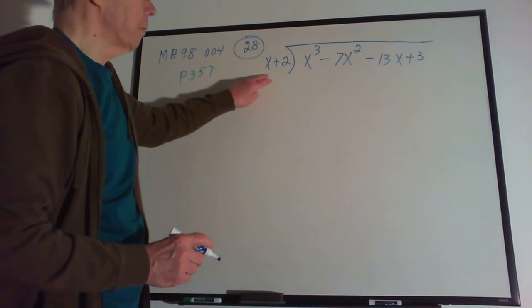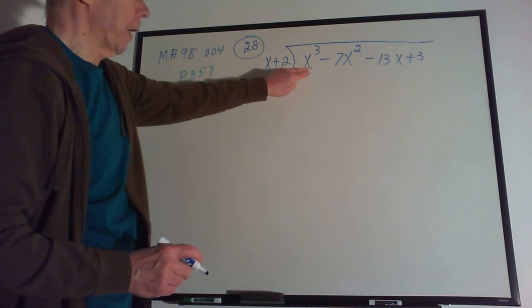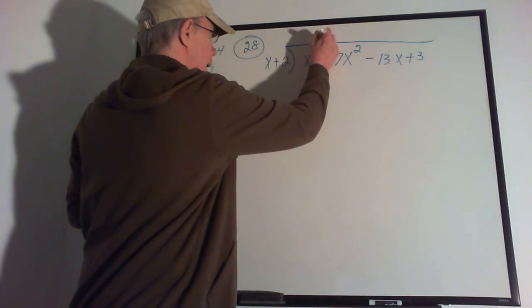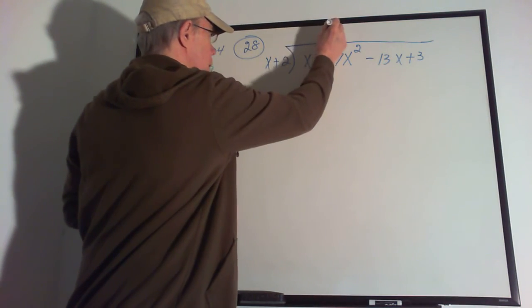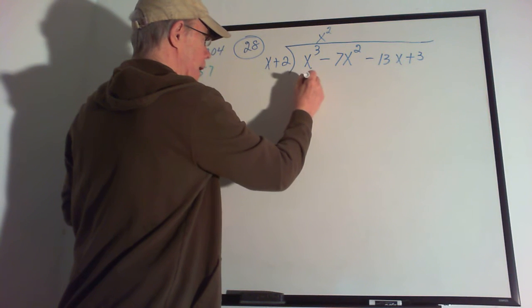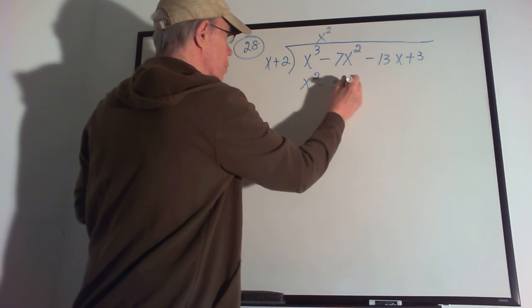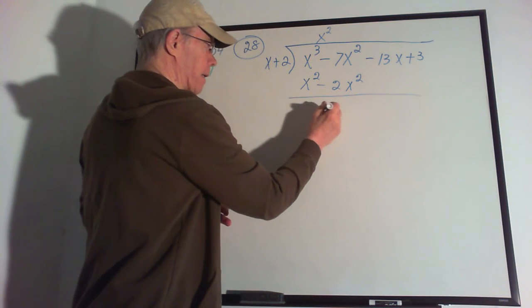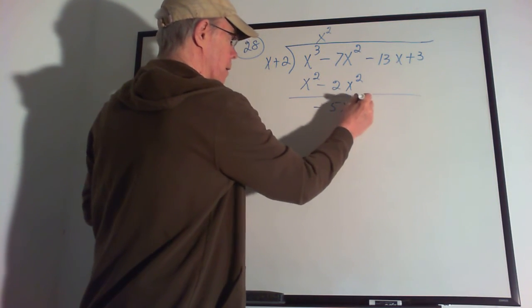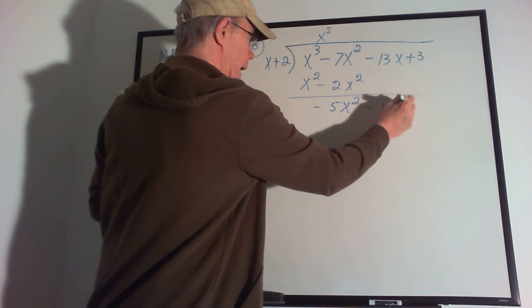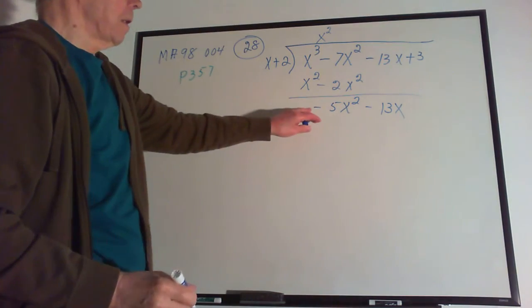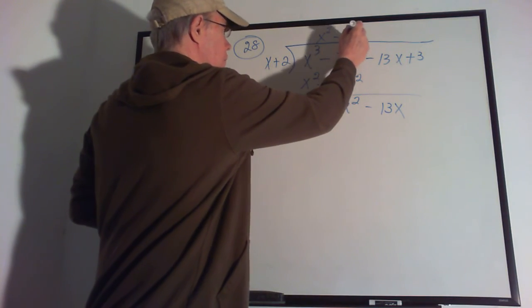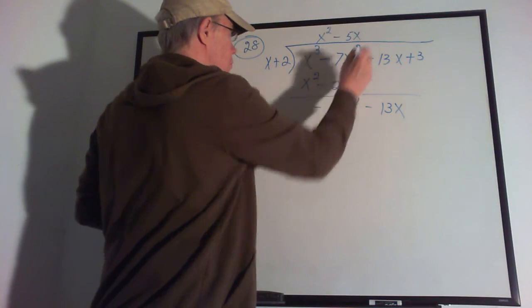All right, this is a little bit more difficult. You want to take the first term here divided by the first term there. X cubed divided by x gives me x squared. So multiply them, I get x squared minus 2x squared. Subtract them, I get minus 5x squared. Bring down the 13x. Negative 5x squared divided by positive is going to give me a negative 5x.